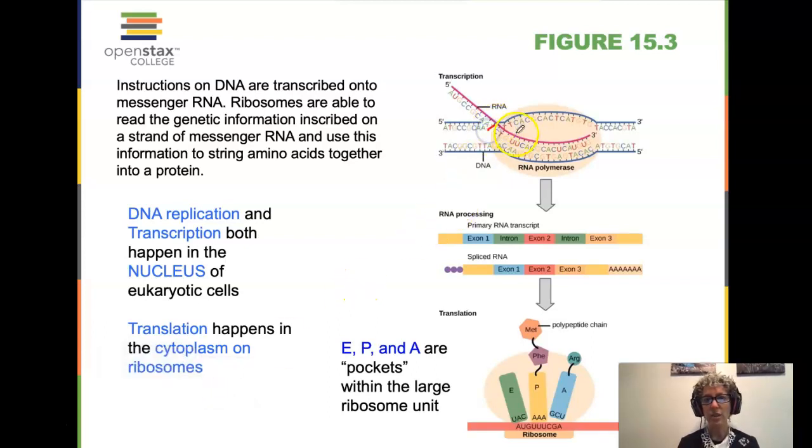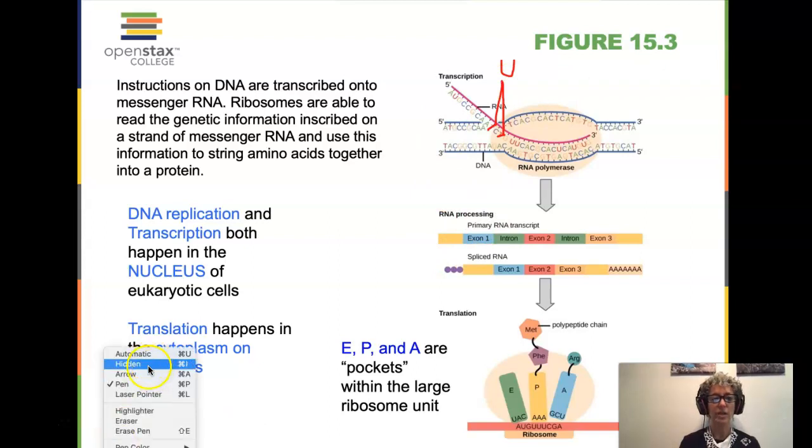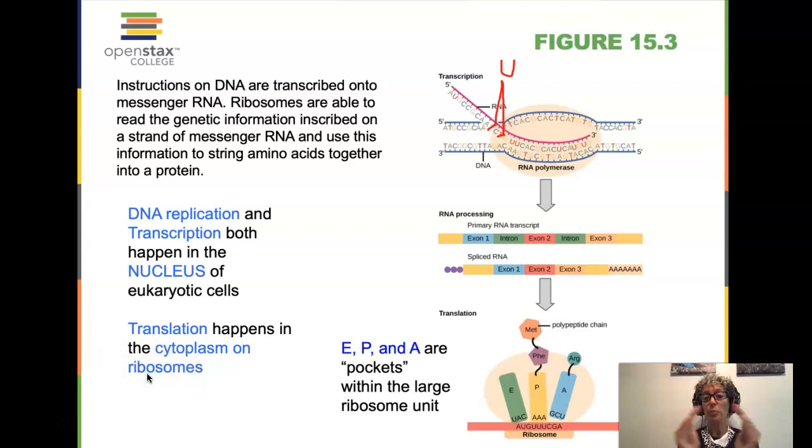These should be, well, those 2 should be U's, because there are no thymines in RNA. The RNA polymerase has the enzymatic capacity to both open up that DNA molecule, so separate out the strands, and to read the template strand to create the RNA.